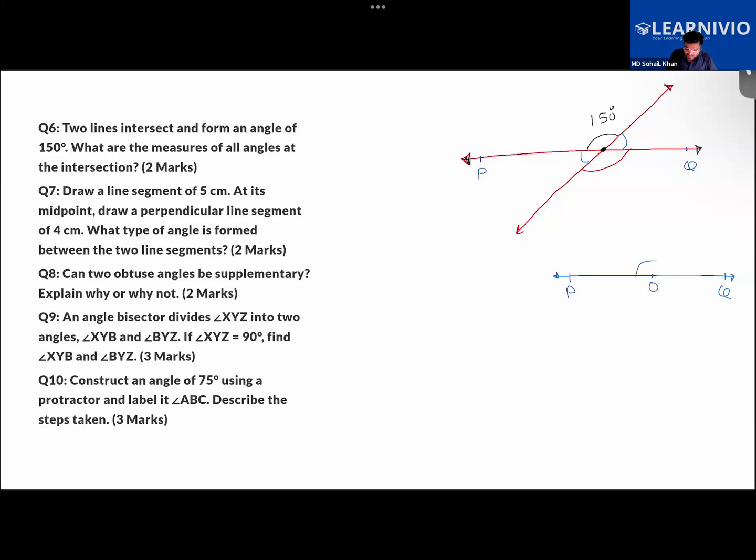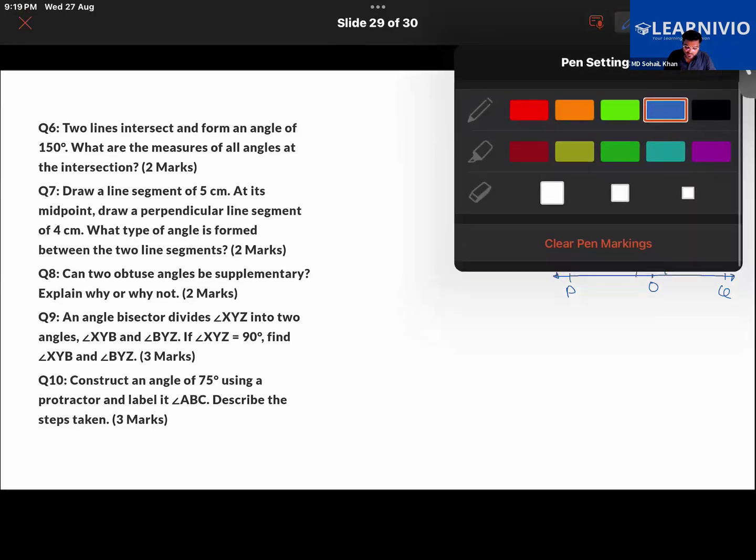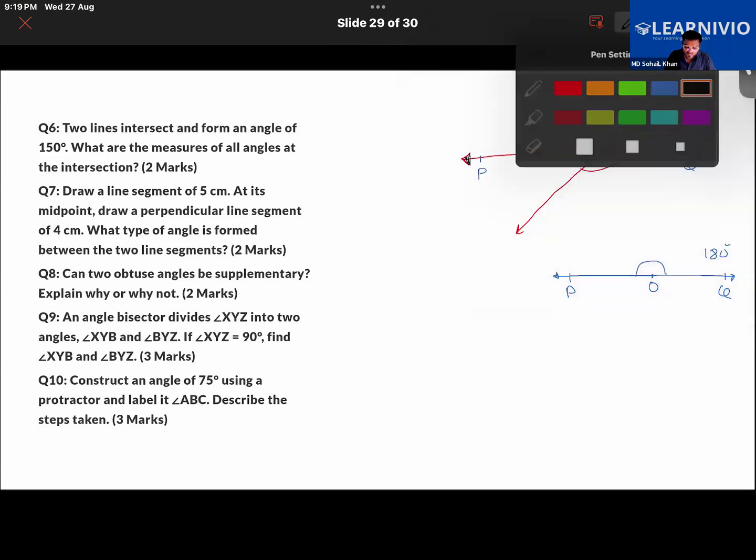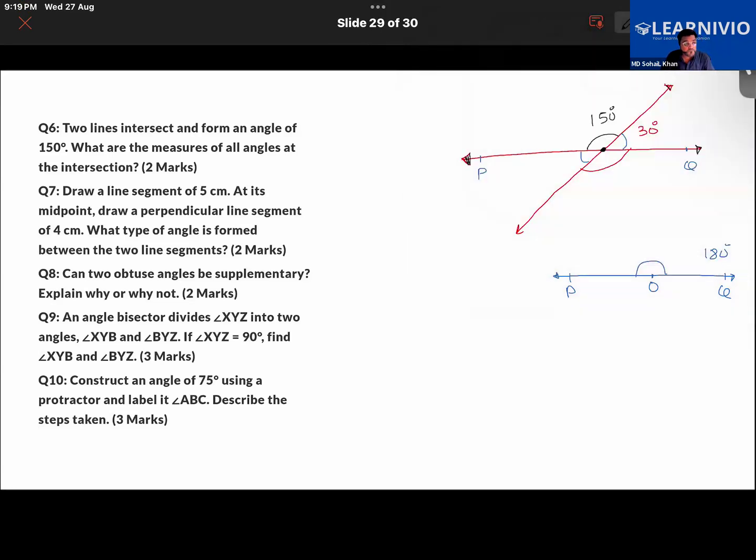This is the origin. That is going to be 180 or not? So if this much is 150 degrees, what will be the value of this angle? 30 degrees. Very good, Nafis. So that is 150 degrees and that is 30 degrees.